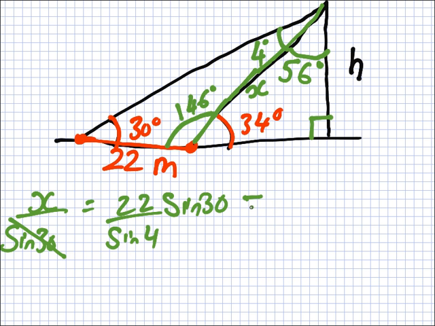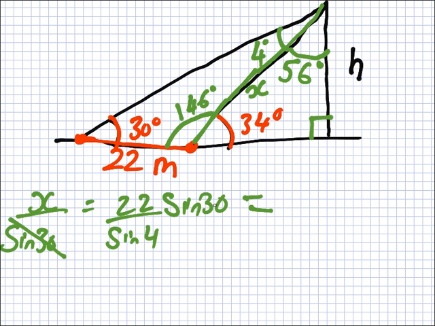Negative? We can't have a negative length. Negative 5.5, impossible. I'm expecting an answer around 30 or so. Impossible, that's too small.